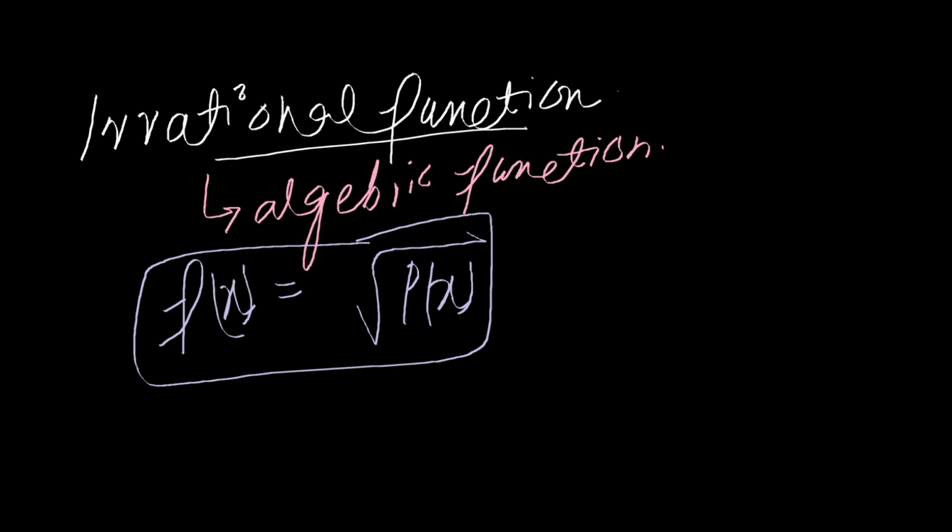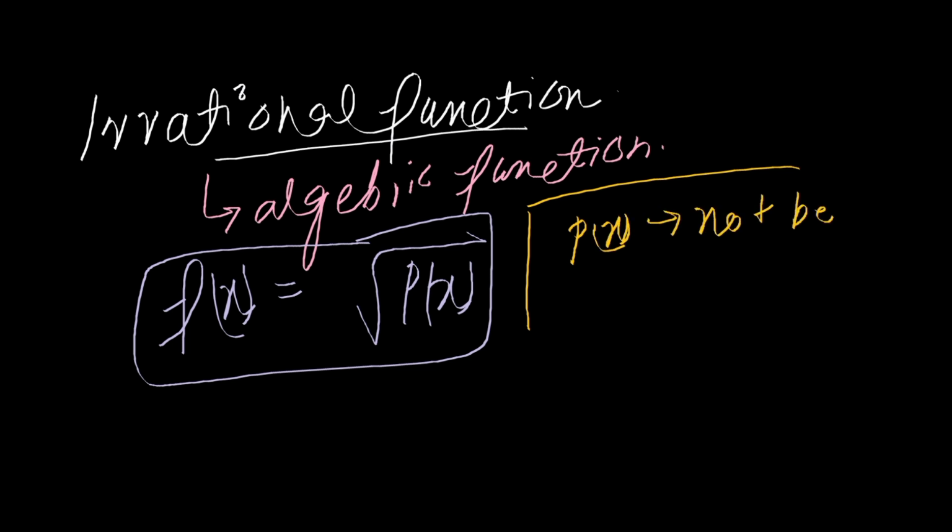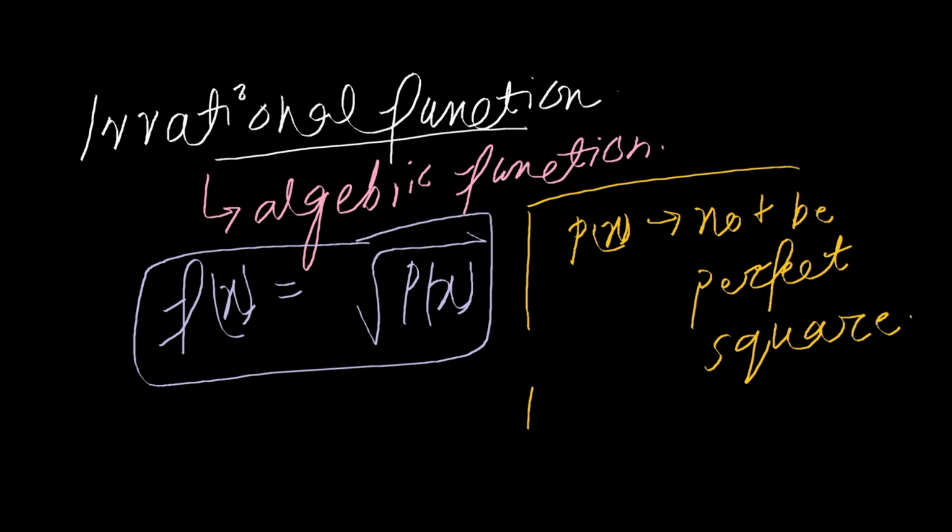There are some limitations for this. The first one is that p of x should not be a perfect square. And p of x should always be greater than or equal to 0.